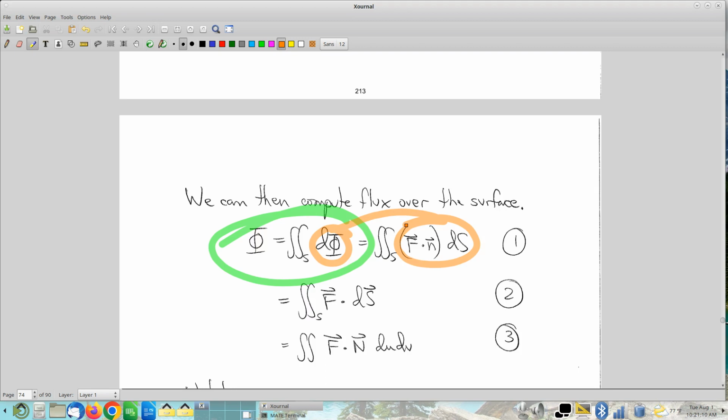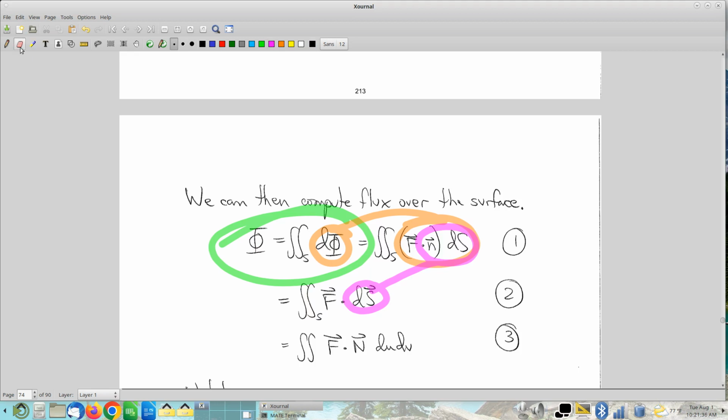Easy motivation for how much flux is going through a tiny little piece of surface. And then I notice, check it out, little n ds scalar is our definition of the ds vector.